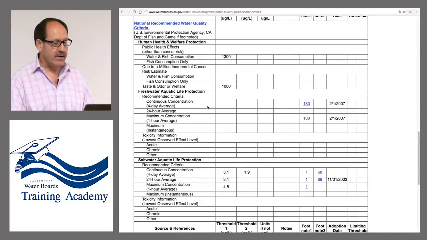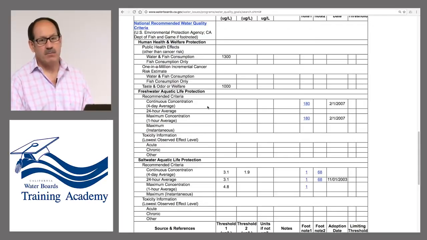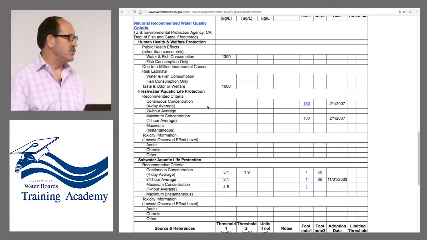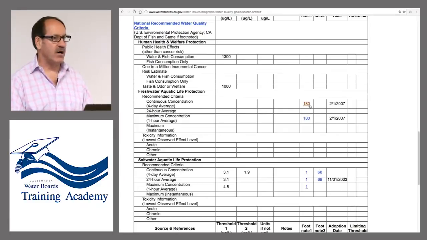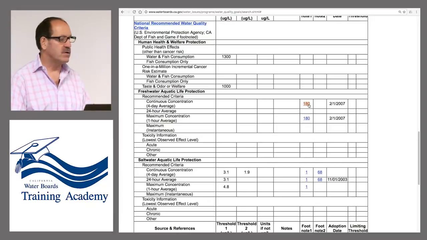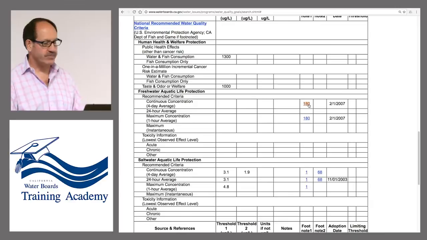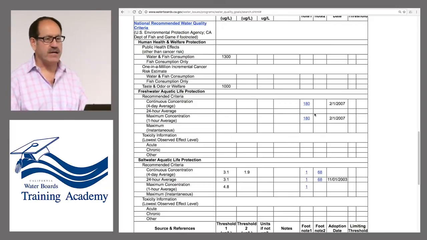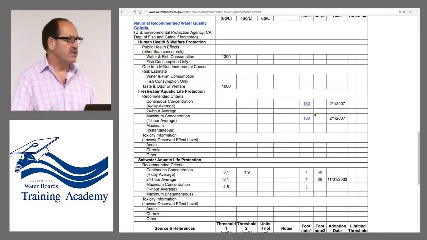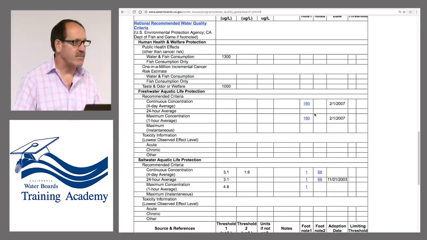And the EPA has published something called the biotic ligand model, which allows you to calculate protective criteria based on about 10 different water quality factors. So that's what this footnote 180 takes you to. They've only published that so far for copper. There are some dischargers that would like to use it for other metals, but EPA doesn't recommend that yet.